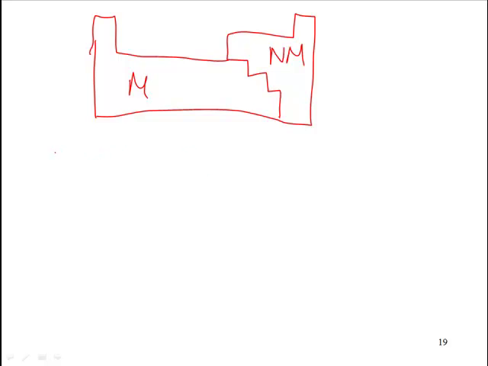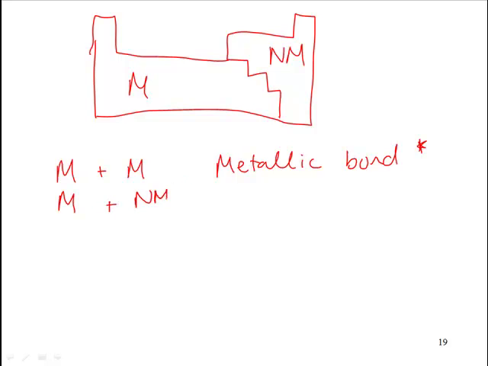For knowing what type of chemical bond or naming you use, there are 3 different options. You can have a metal with a metal. If you have a metal with a metal, this makes what is called a metallic bond. We will not learn how to name them. They have their own classification. But just so you know, if you have all metals together, metallic bond. The next type is a metal with a non-metal.